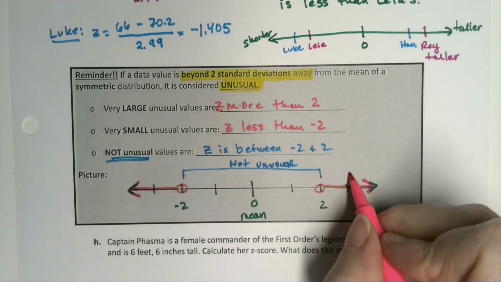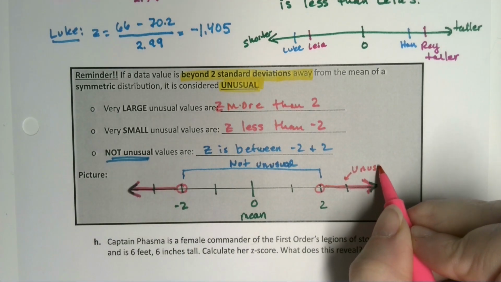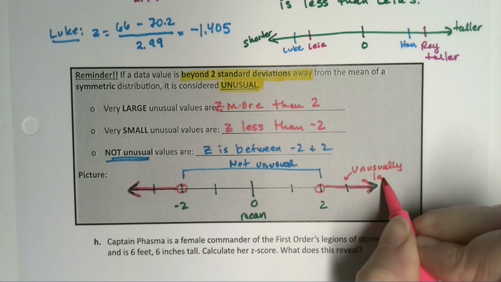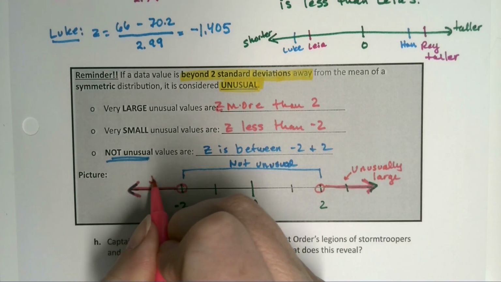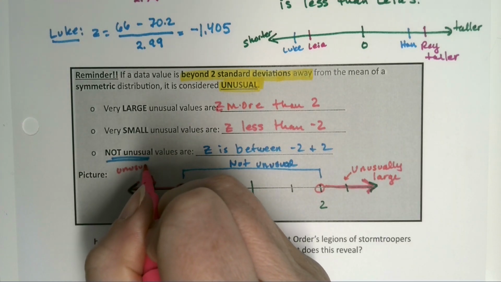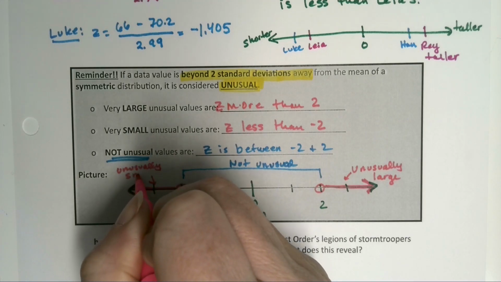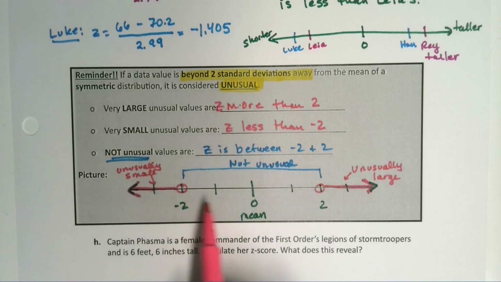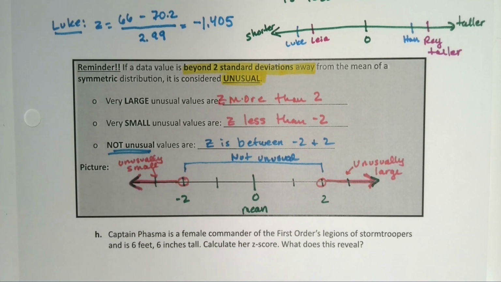This is unusually large over here, and this is unusually small over here. And anywhere from -2 to 2 is not unusual.